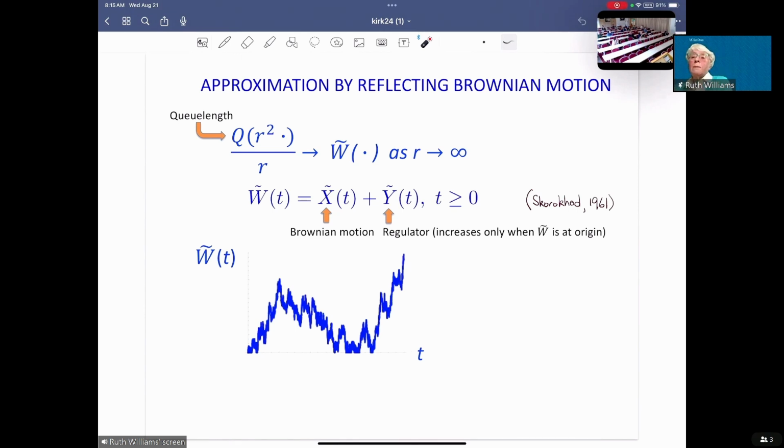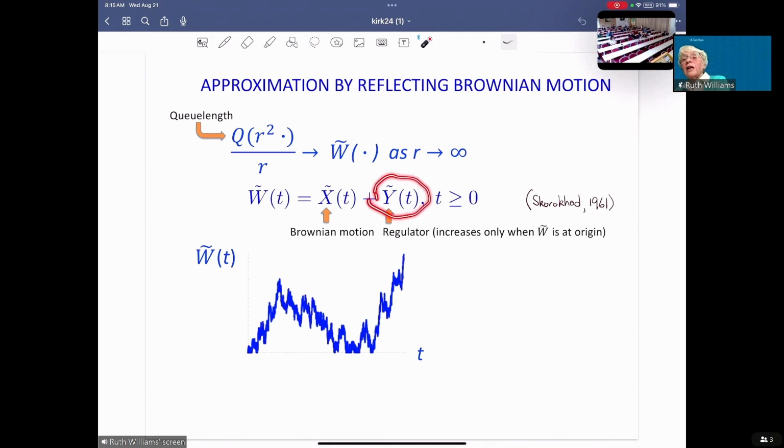And it has 2 pieces to it. It can be decomposed as a Brownian motion, which corresponds to the limit of those up and down simple symmetric random walks. That would be the motion we have here away from the boundary, away from when the Q, for example, is 0. And then there's a process that only comes into play when the boundary is reached, when the Q is empty.